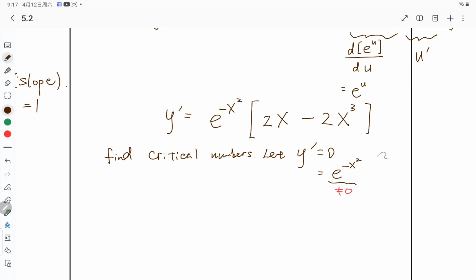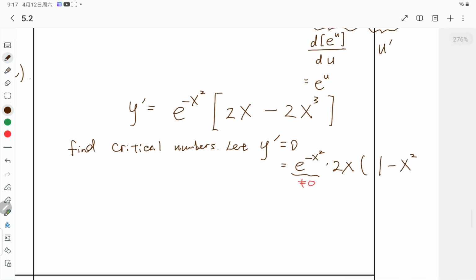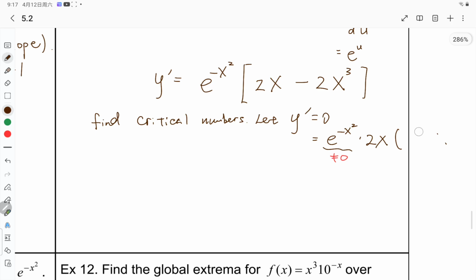I hope this is clear for you. The 0 should come from the polynomial after this, right? So I can factor out 2x and then 1 minus x squared, and further write 1 minus x squared as 1 minus x times 1 plus x, okay?